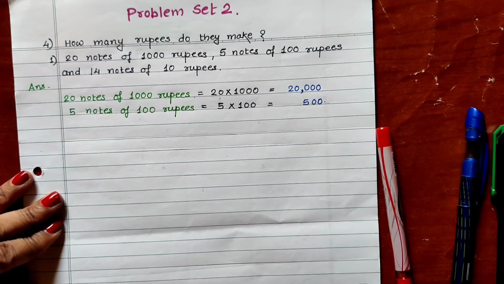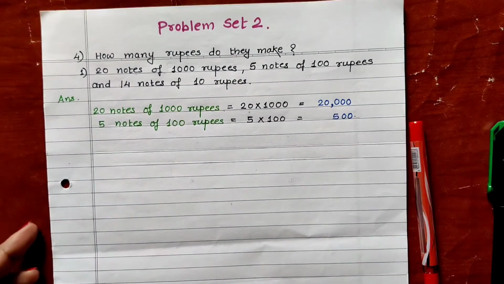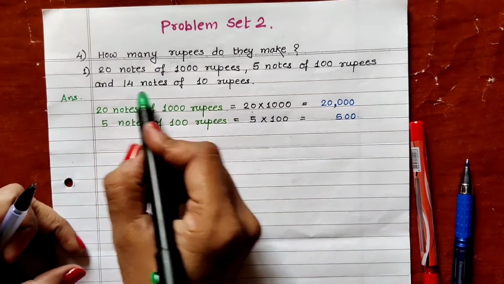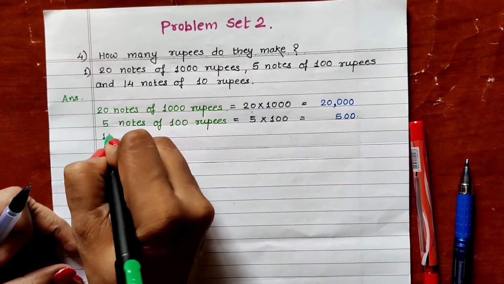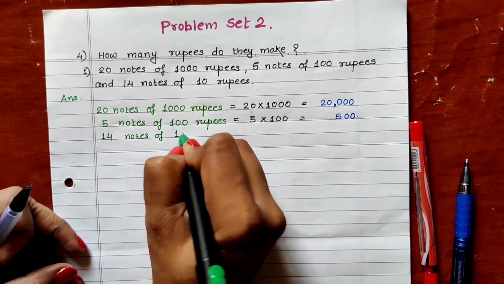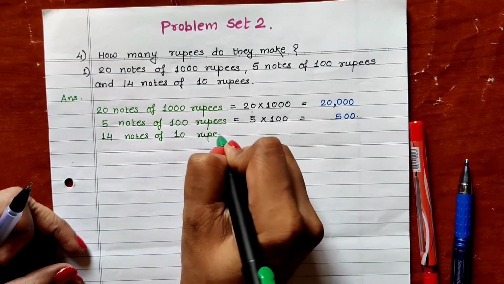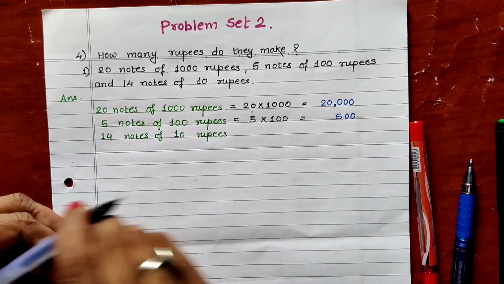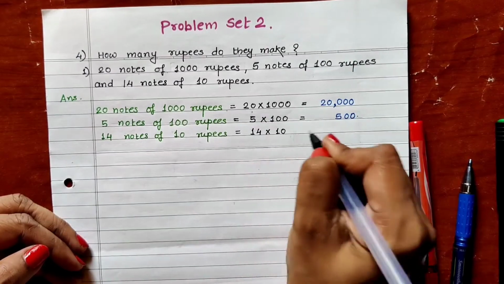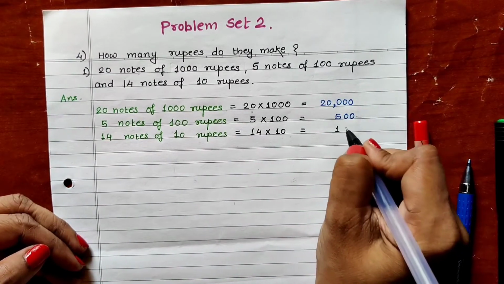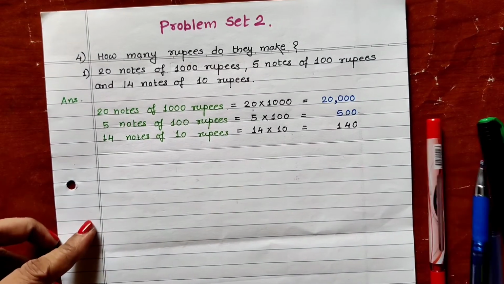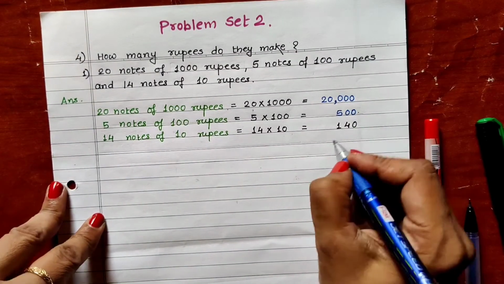Now the last type of notes are 14 notes of 10 rupees. It means we have to multiply 14 into 10. 14 into 10, what will you get? 140. Now we will do the total of all these three numbers together.